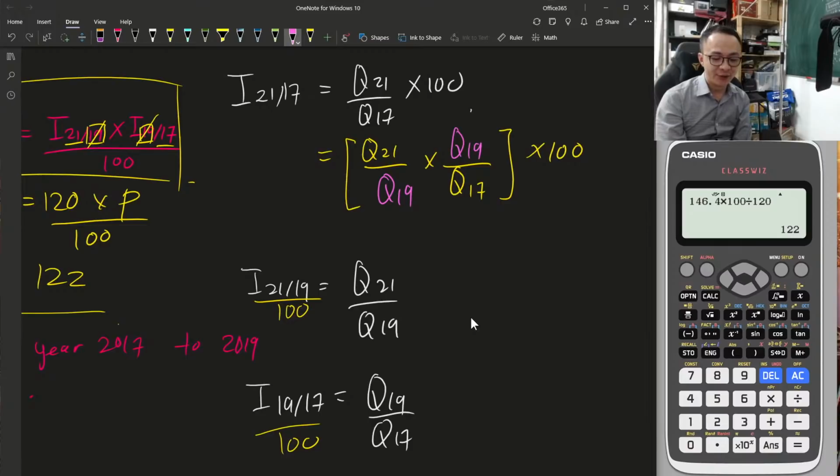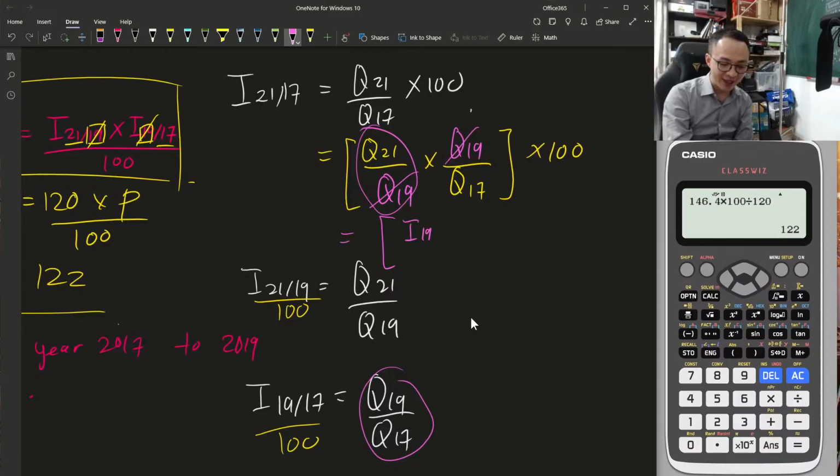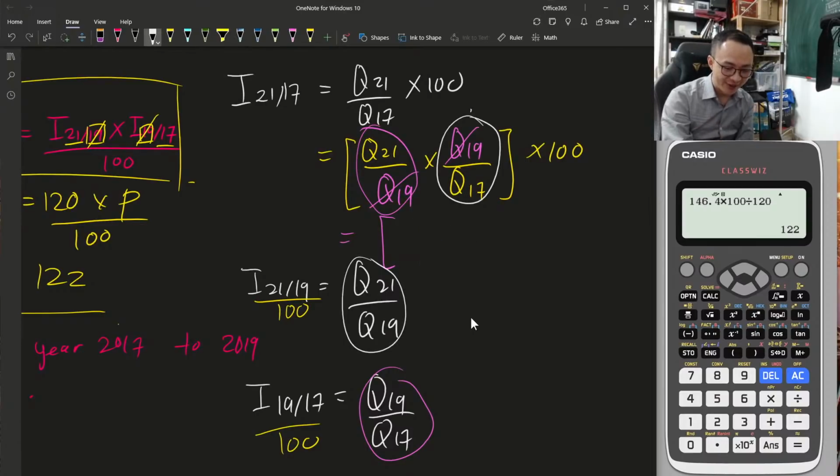Then I simplify and get Q21 and 17. Then here, Q21 and Q19 is over here, so this is I21/19 over 100.